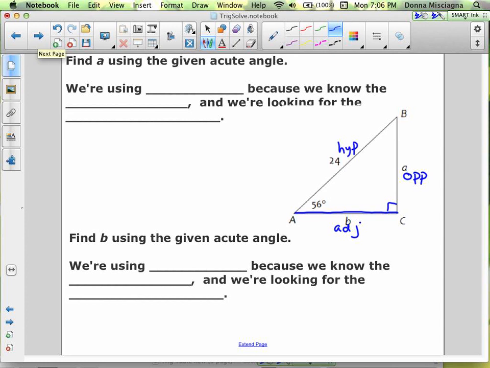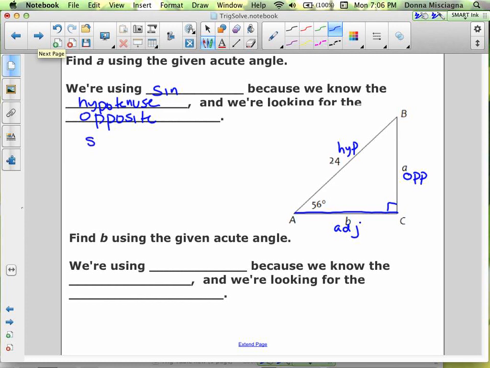So here we know the hypotenuse. The one trig function you should know we're not using is tangent, because tangent doesn't use the hypotenuse. And we're looking for the opposite. Gee, who uses opposite and hypotenuse? Could it be sine? Absolutely. So now let's write our equation.